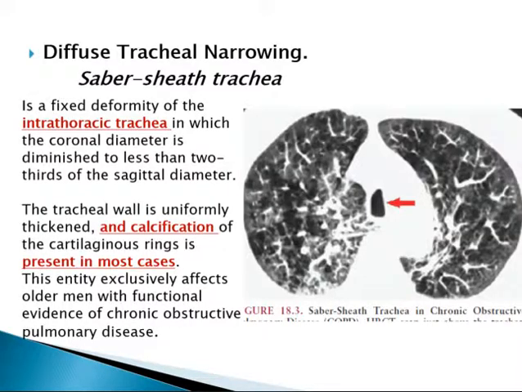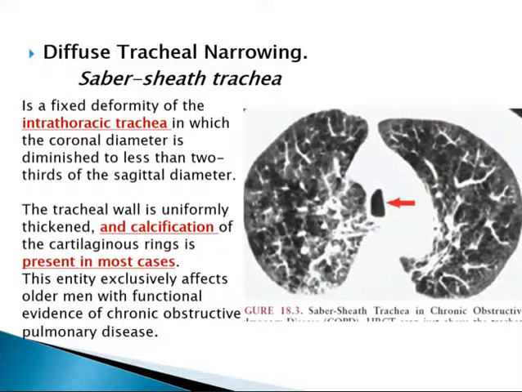Now, the other cause of diffuse tracheal narrowing is what's called saber-sheath trachea. This is a fixed deformity of the intrathoracic trachea in which the coronal diameter is diminished to less than 2/3 of the sagittal diameter of the trachea. The tracheal wall is uniformly thickened, and calcification of the cartilaginous rings is present in most cases.